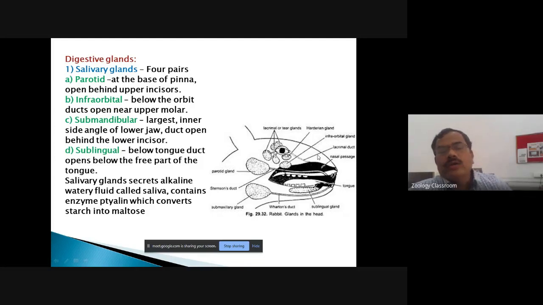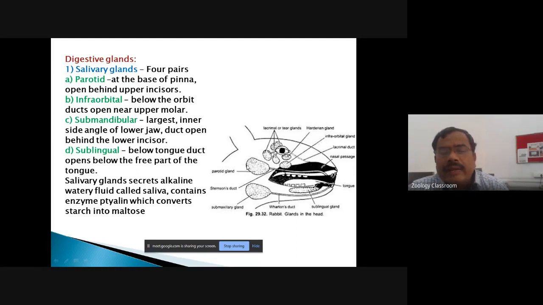Okay. Now you concentrate on the salivary glands. In the case of the rabbit, there are 4 pairs of salivary glands present. Look at this gland. So this is the first gland. Here, this gland is known as the infraorbital gland.